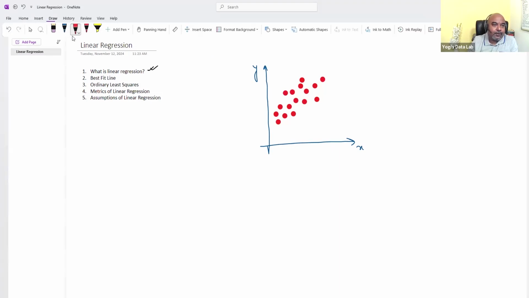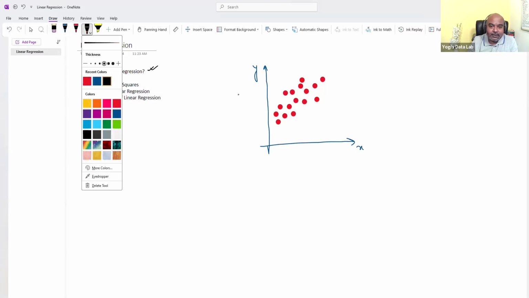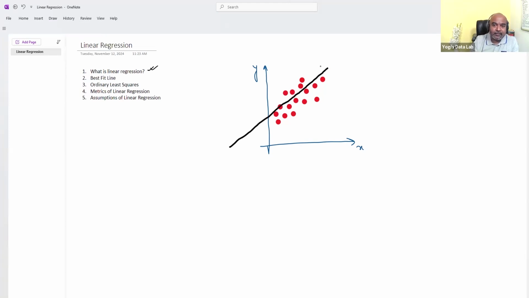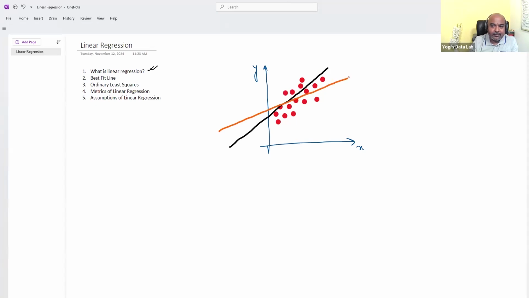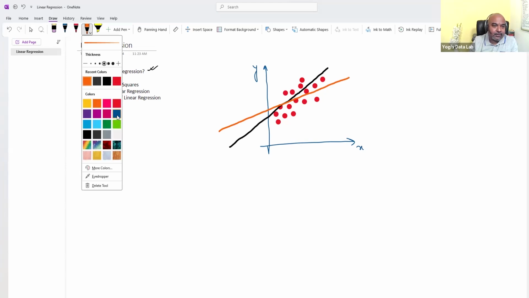Now, if I try to find a regression line, someone might draw a line like this, like the black line. Someone can go ahead and draw it like this. Let's say the orange line. And someone can draw it in a different color. Let's say this blue line.